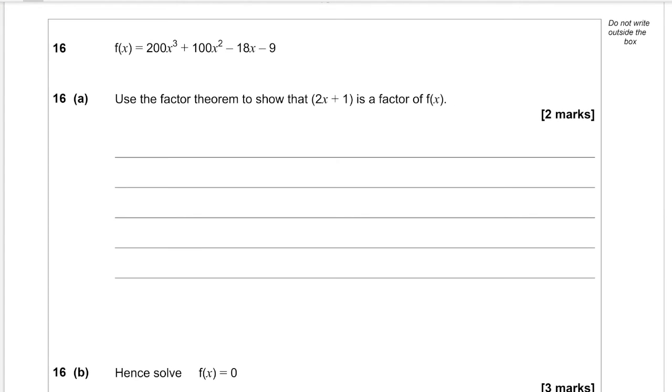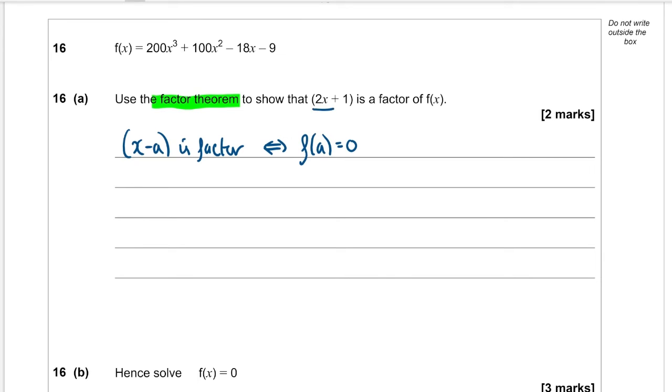Question 16, we have a function and we have to use factor theorem. So we have to use factor theorem in order to solve this question. And the factor theorem states that if x minus a is a factor, then this works both ways, that f of a is equal to 0.